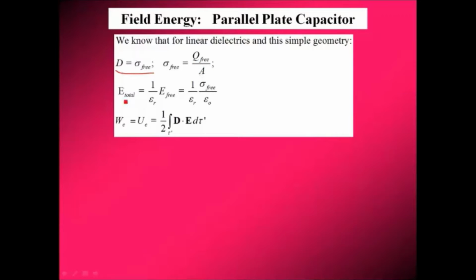E total, if you remember, is 1 over epsilon r times E free. So if we substitute in E free as being the free charge density on one plate divided by epsilon 0, you can see that we now have E total, which we can put into the total potential energy equation. So this would be 1/2 integral of D dot E d tau.